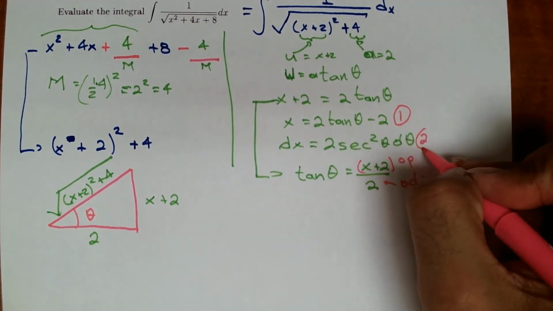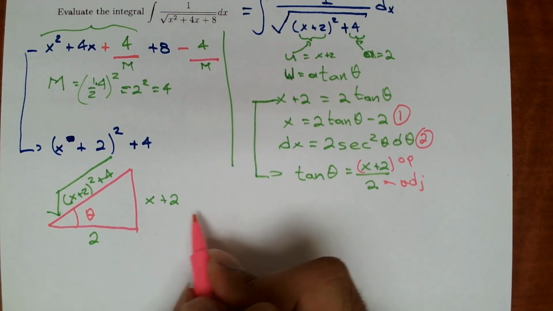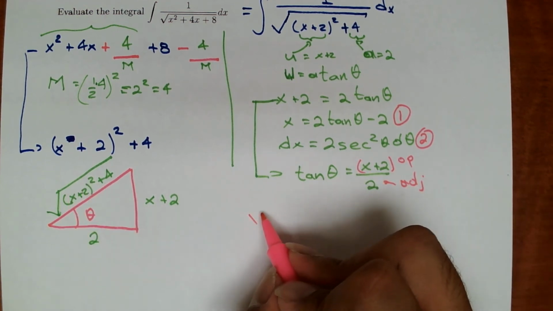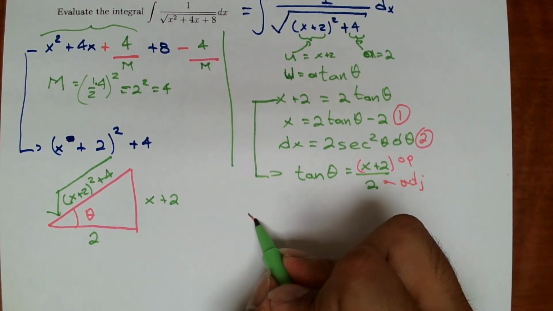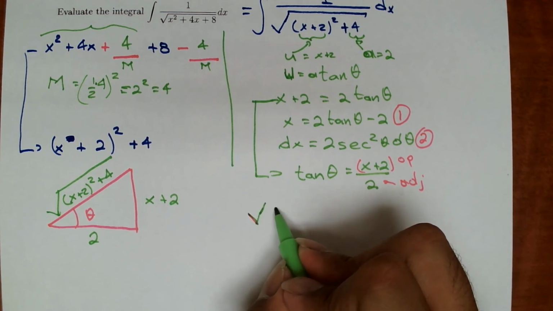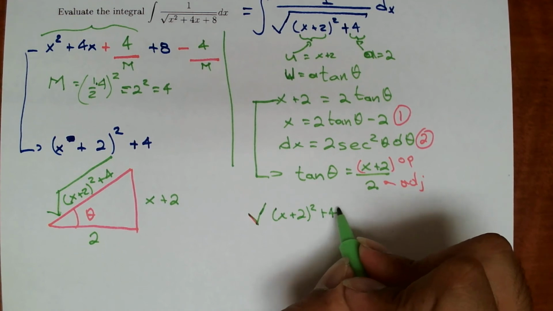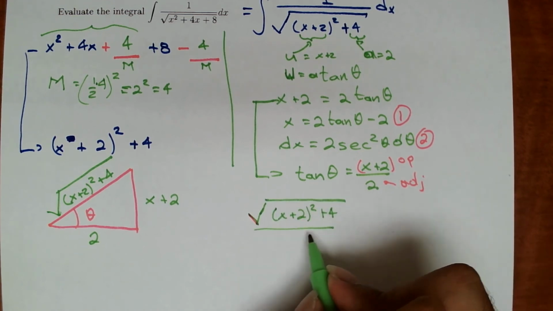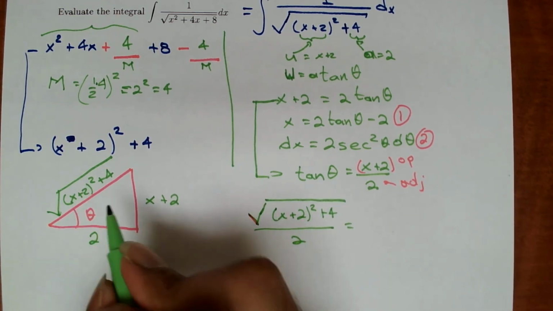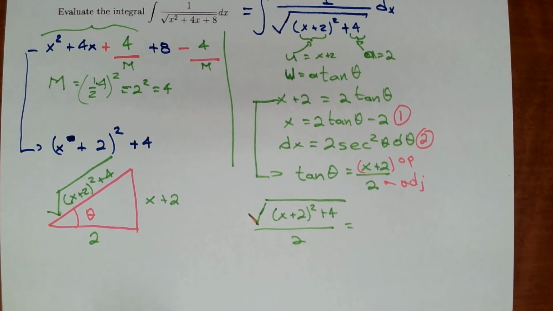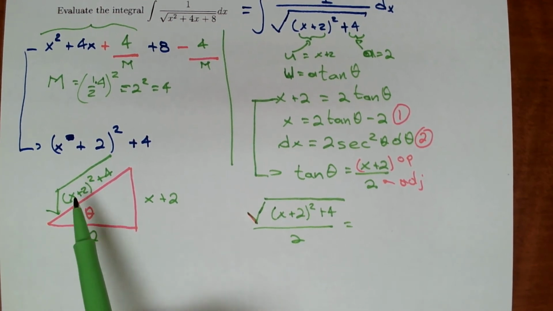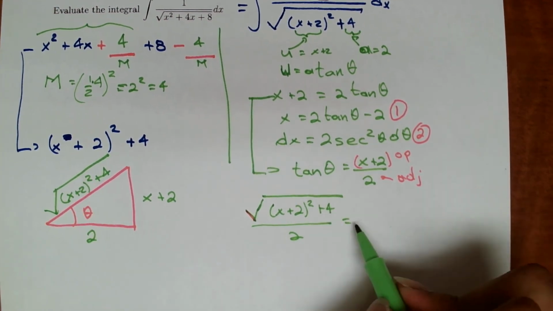Number 2, the differential, and number 3, radical over 2, which equals the trigonometric function that describes this, hypotenuse over adjacent, that's secant.